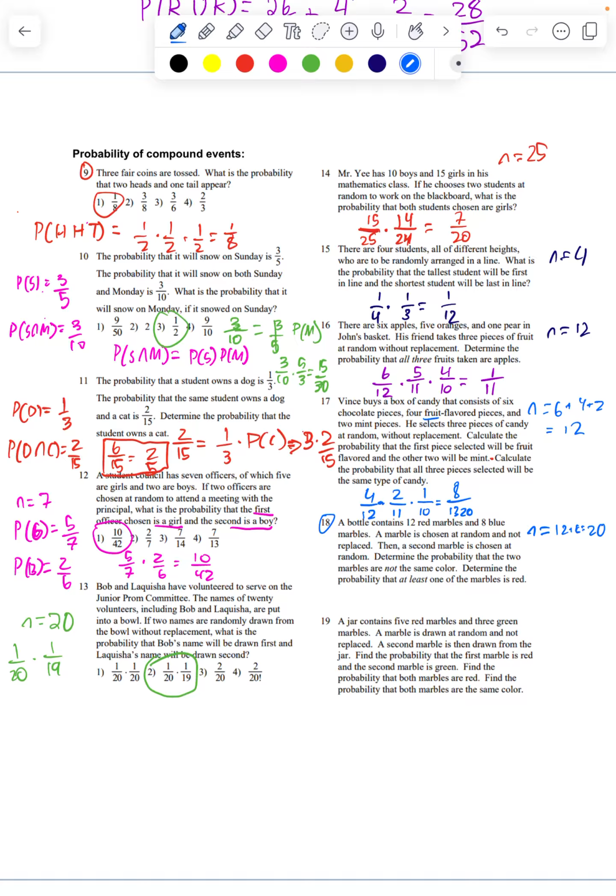Let's say the first one I pick is red, and that's going to be 12 out of 20. And times, what's the probability of picking another red marble? Well, all I have left are blue, so there's 8 blue left, and there's only 19 marbles left.